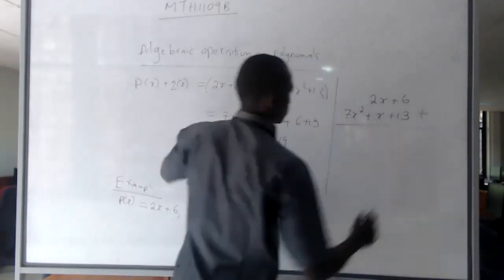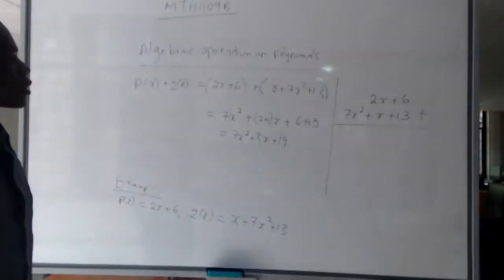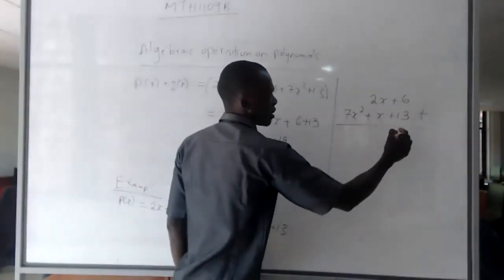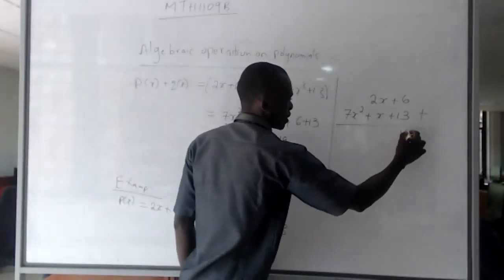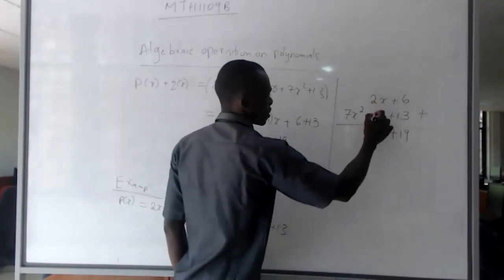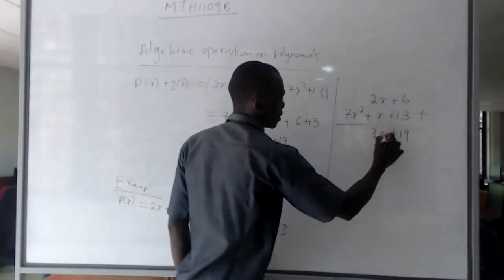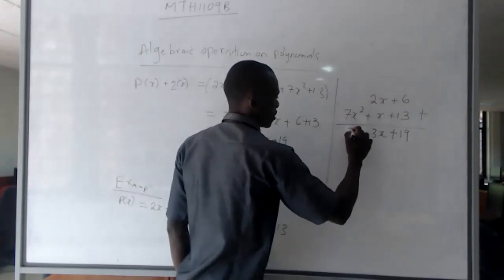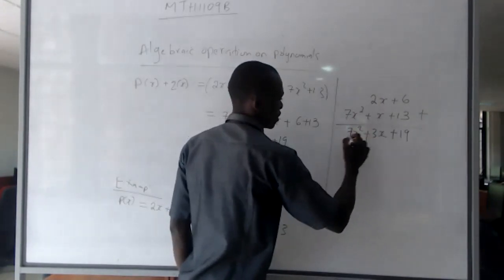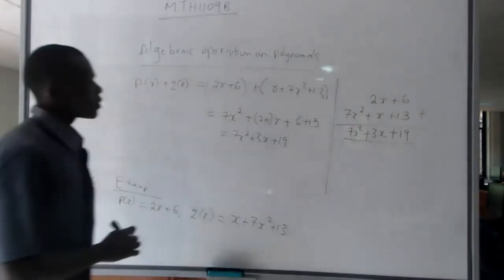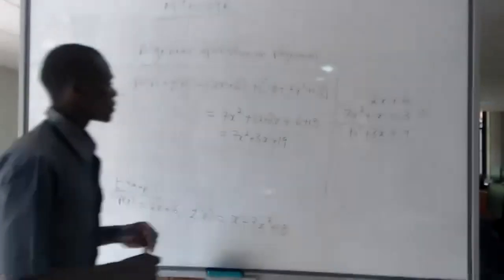Then we do what you did in, I don't know whether it's high school or primary school, just the vertical addition: 6 plus 13 is 19. 2 plus 1 is 3. And then 7 plus 0 is 7x squared. So that's the sum of polynomials.